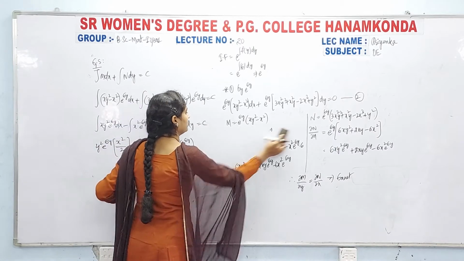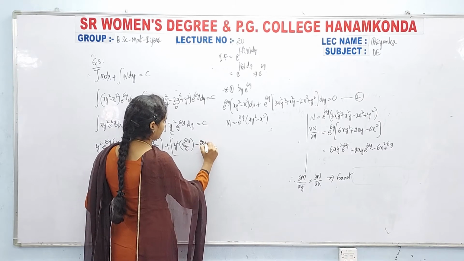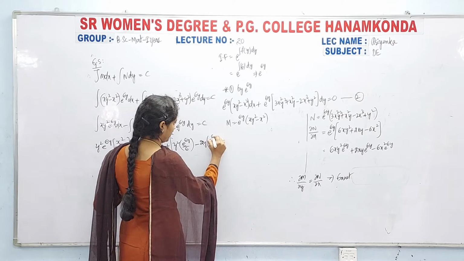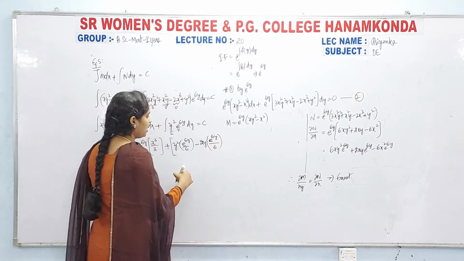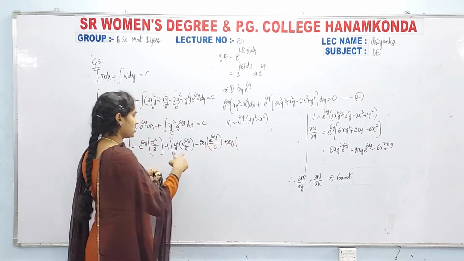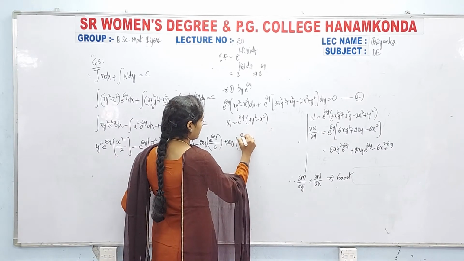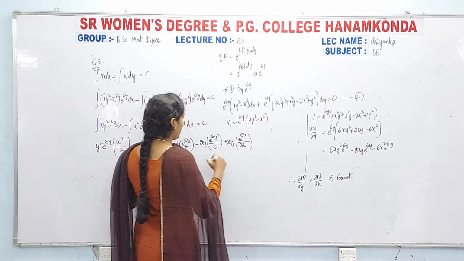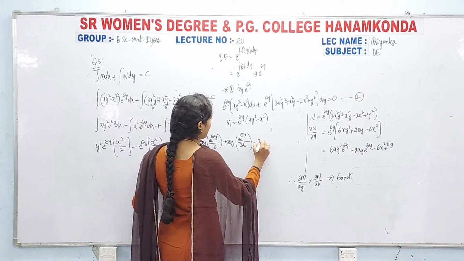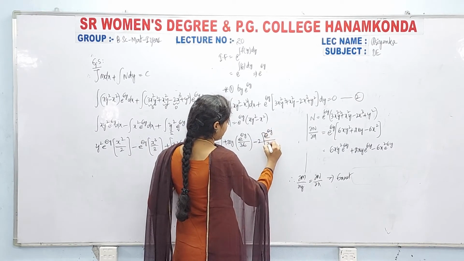Minus u dash, which means 2y, the second derivative remains the same here, I will give the formula. Next plus 2y, here this remains different, again we have to integrate it, then we will get e power 6y by 36. Again we have to differentiate this one, then we will get minus 2 of e power 6y by 36.